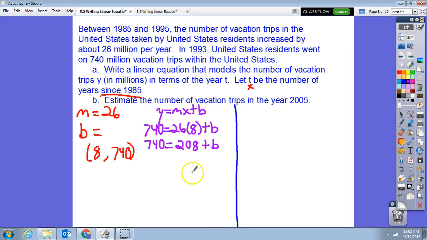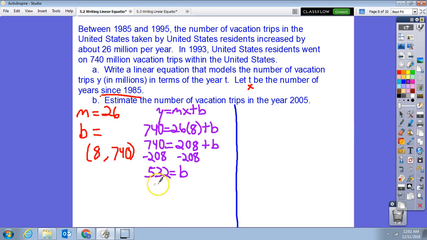To save a little bit of time, I'm going to write this slightly different here. I'm going to subtract my 208 from both sides. When I subtract 208, 740 minus 208 is going to be 532. Now what does 532 really stand for? It's my beginning amount. That is my b value.